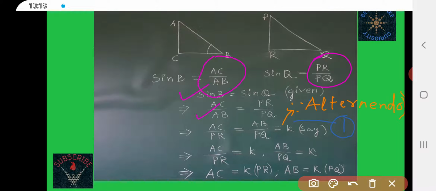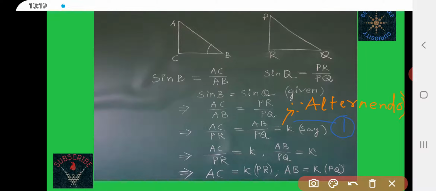So you write here PR by PQ in the place of sin Q. Now you interchange AB and PR. Then you get AC by PR is equal to AB by PQ, that is we say alternando. This is called alternando.